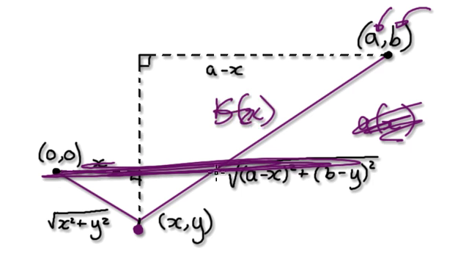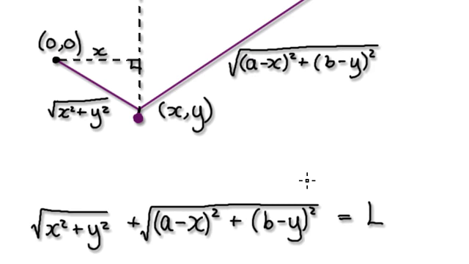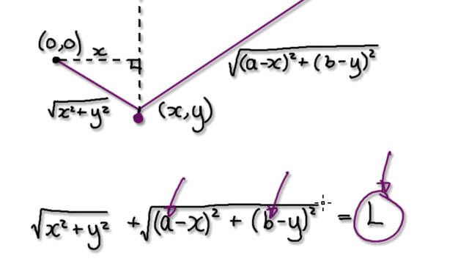B is not a function of x. The only thing that's a function of x is y. As you slide x back and forth, the height will vary. So when you use implicit differentiation here, B is a constant, A is a constant, and y is a function of x.